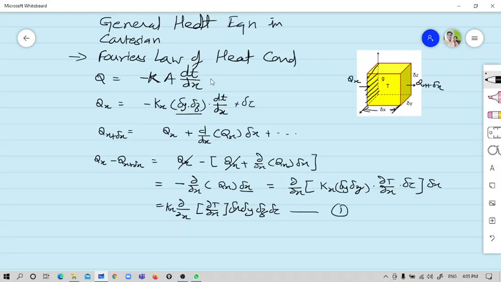This equation 1 is the heat accumulated in the element because of heat flow in the direction of x. Similarly, there is heat transfer in the direction of y, and there is heat transfer in the direction of z also.